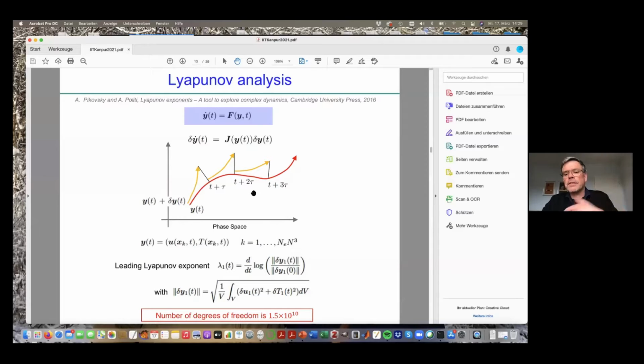That's an algorithmic thing. If I had just drawn one of these arrows, it probably would not have caused confusion. Everything is very nicely documented in the textbook by Arkady Pikovsky and Politi. It's a really nice book where everything, including the algorithms, is mathematically nicely explained.